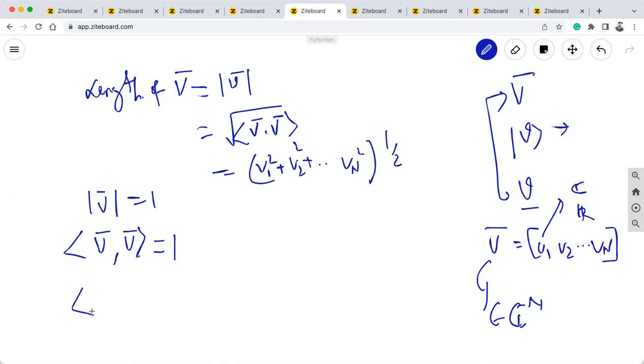You can represent this again with the same notation. Then we call this v vector a unit vector.